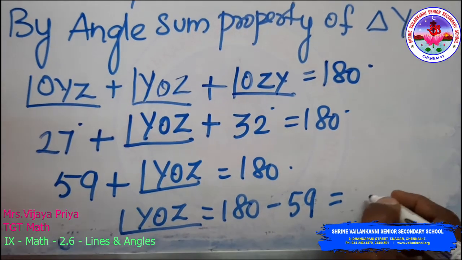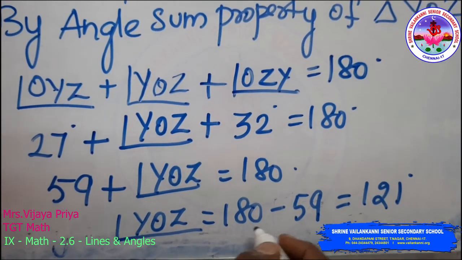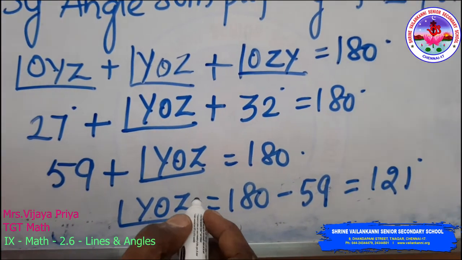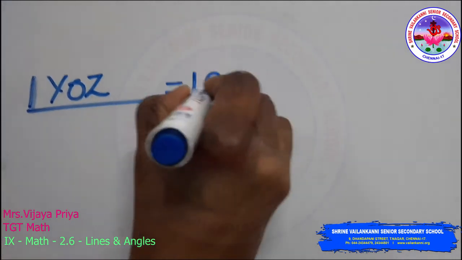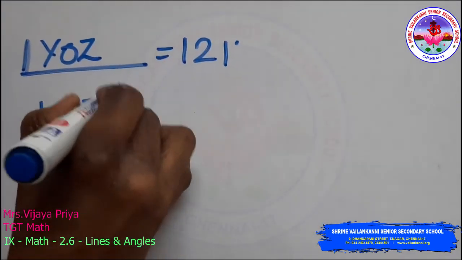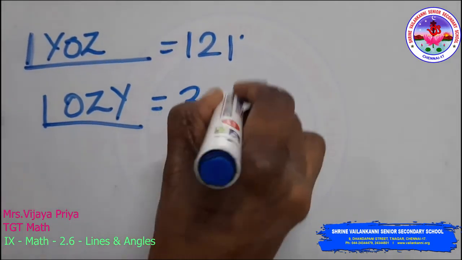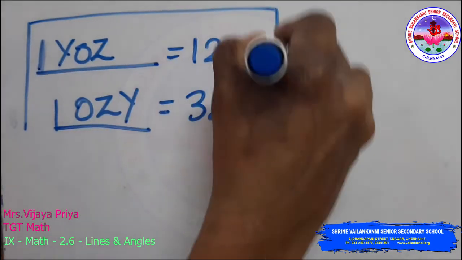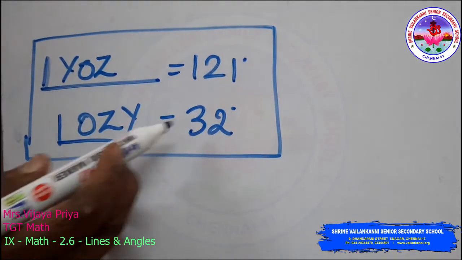So I will get 121 degree. So we got this YOZ as 121, and already we got OZY, where OZ is the bisector of angle Z, which is equal to 32. These are the two cases we need to find for this problem. So we got these two answers.